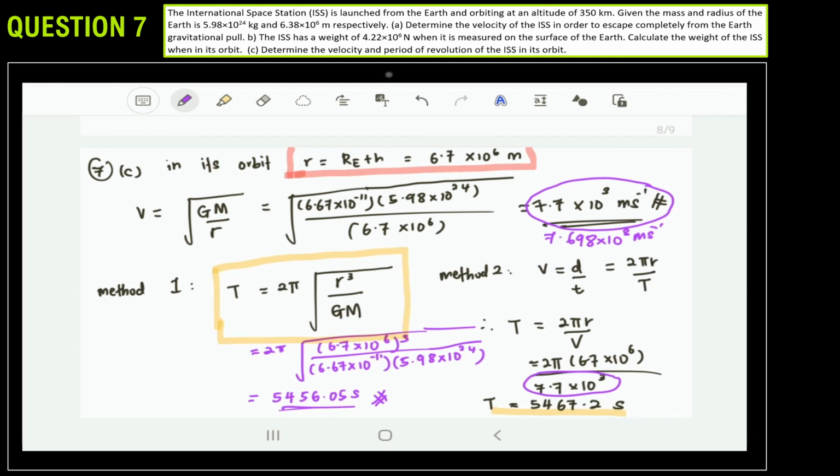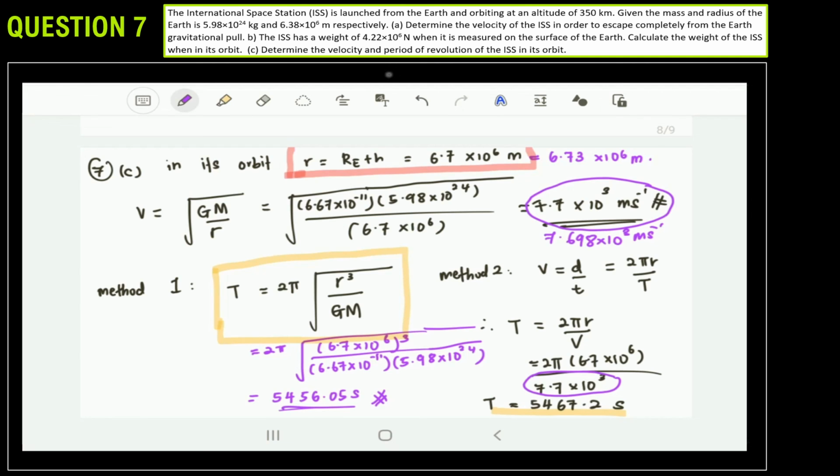Because maybe we used 6.7. R here is actually, let's say we have 350 km plus 6.38, the radius of the earth, exponent 6. So it is actually not 6.7 here; it is 6.73 exponent 6 meter.